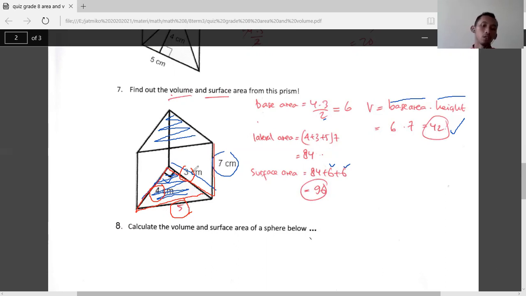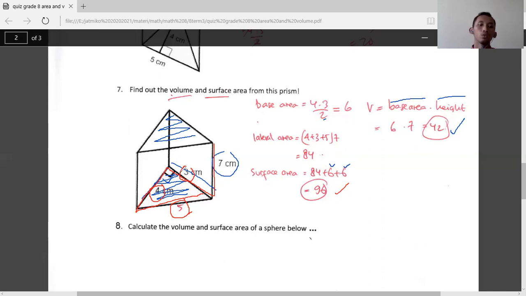If you have here 6, here 8, here is 10. So this is the ratio 3, 4, 5. You can memorize this Pythagorean triple. So 4 plus 3 plus 5 becomes the length. And this one is the width, for the lateral area. So 7 times 12 is 84. So the total is 96.